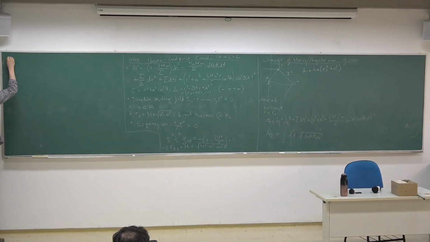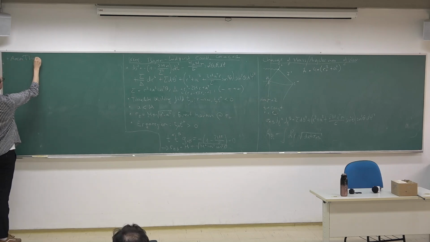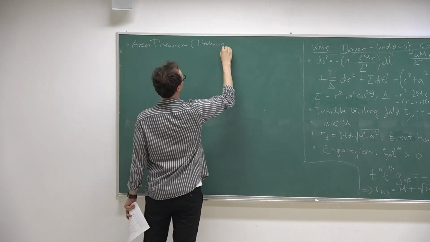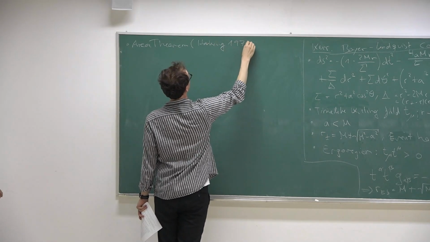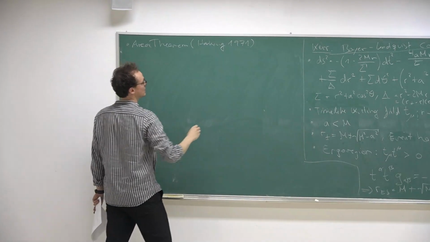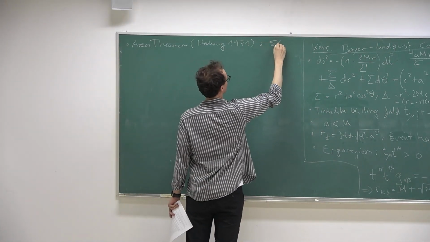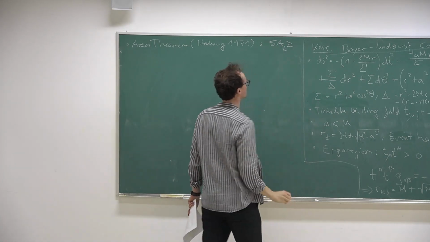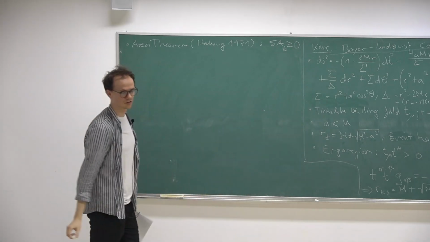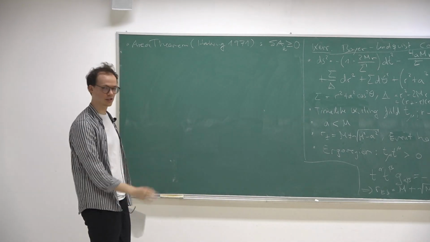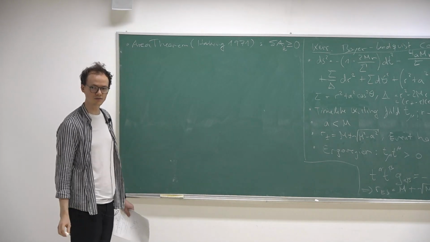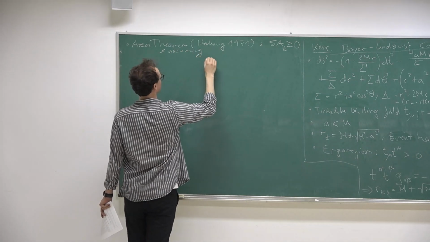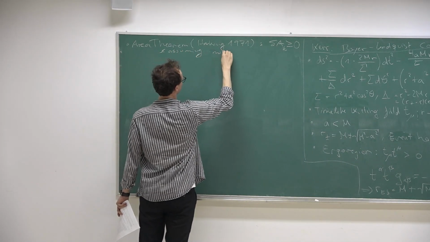But we can recall the following as the area theorem, basically due to Hawking, which states that the change of this area that we find over there must be greater than or equal to 0, assuming some energy conditions, the null energy condition specifically.